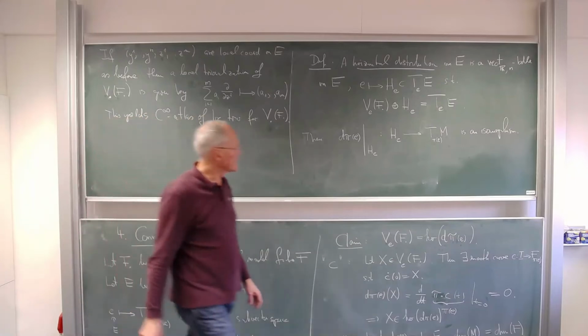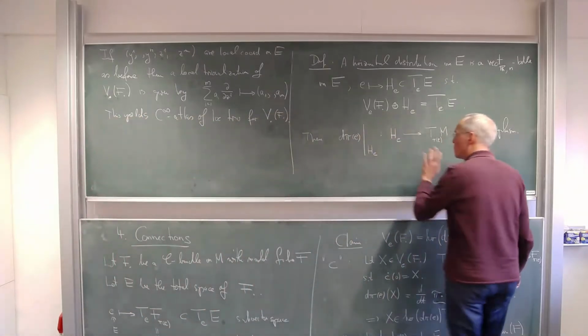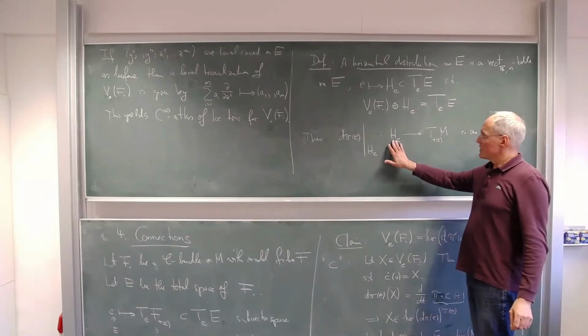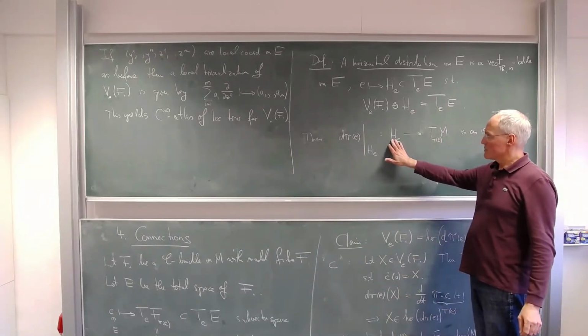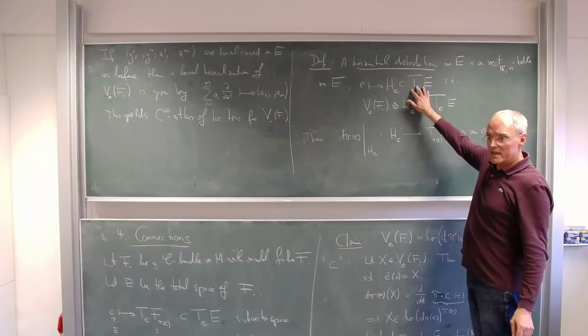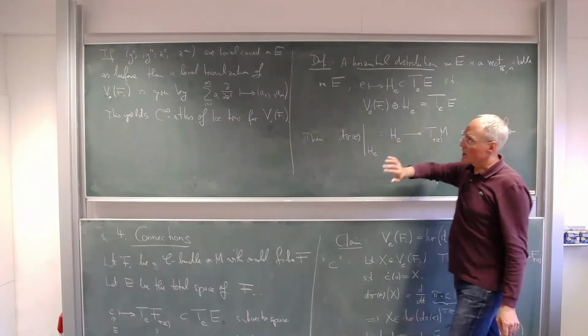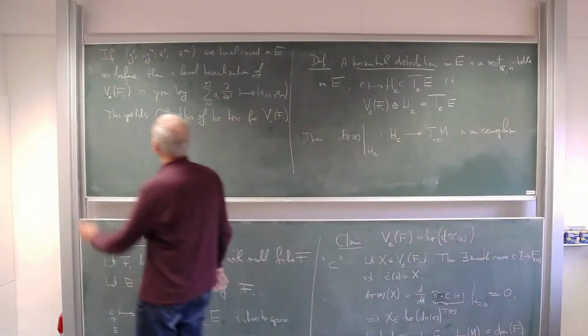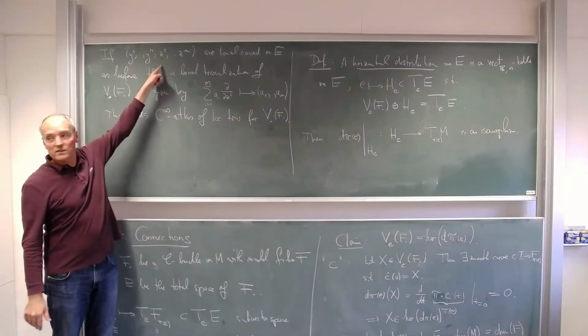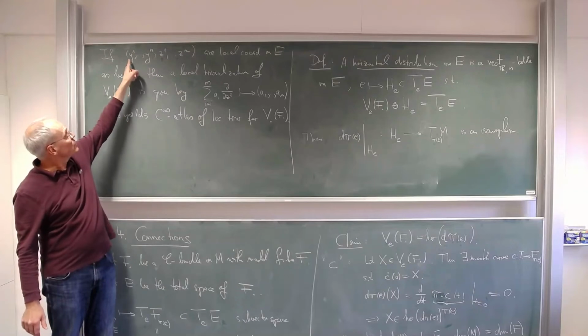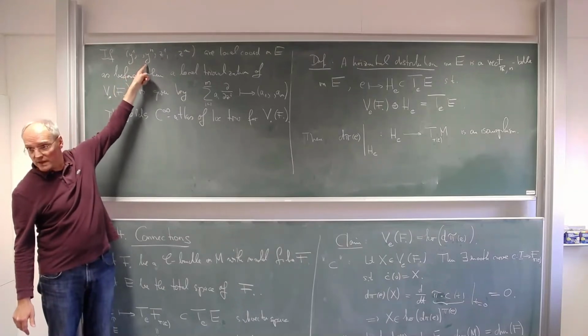Well, be careful. I have not yet related this to coordinates in any way, right? I'm not saying that this subspace of this tangent space is spanned by coordinate fields. Previously we had constructed these coordinate systems, and in fact you could take as your h's the span of the coordinate fields of the y's. You could do that.